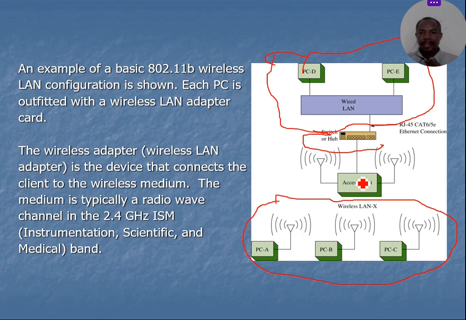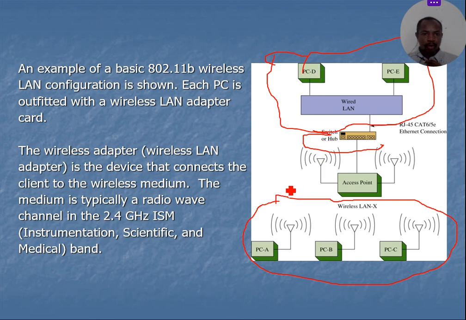The access point will establish the data packet, and establish a connection and determine the route, the destination of this data packet sent from PC A. The access point will then use the hub or a switch or a router to send this data packet to PC D, where it is originally designated.